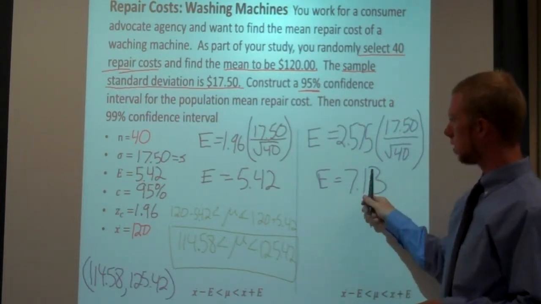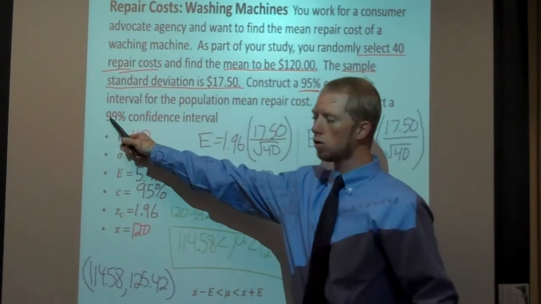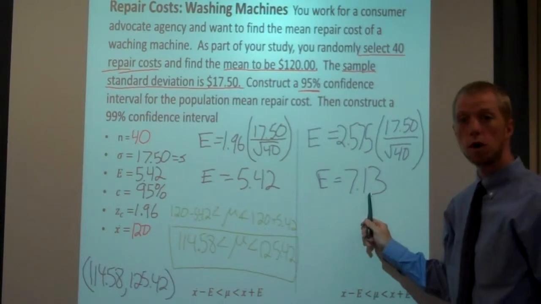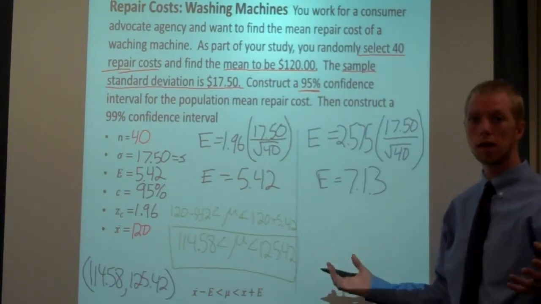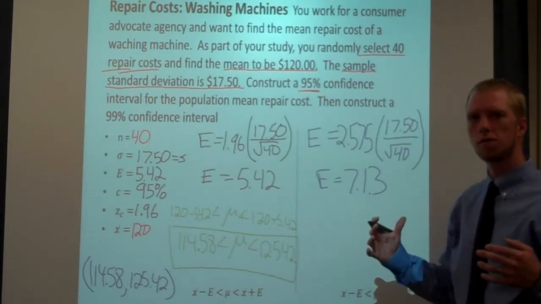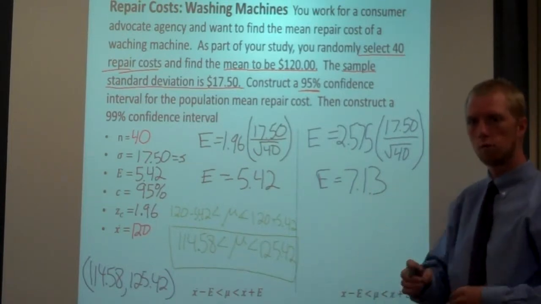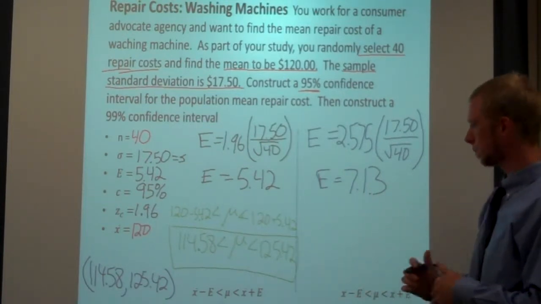Now, what I notice is in order to increase my confidence, my margin of error has to be bigger. I have to allow for more mistakes if I want to be more confident that the population parameter will be within my interval.